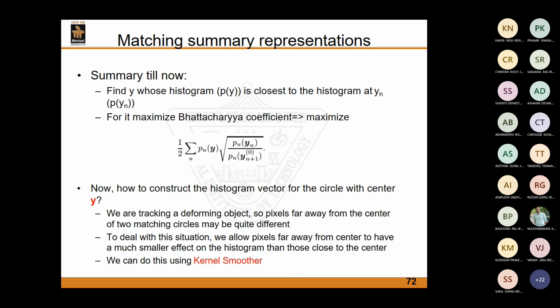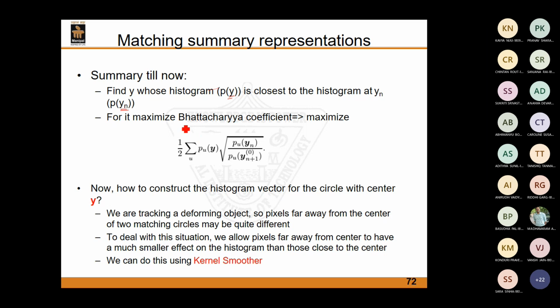Okay, so what we were discussing till now is how do we find y whose histogram is closest or similar to the histogram which is given at pyn. You have to find that value of y for which the histogram is the closest or most similar to py of n, which is the circular domain in the current frame.